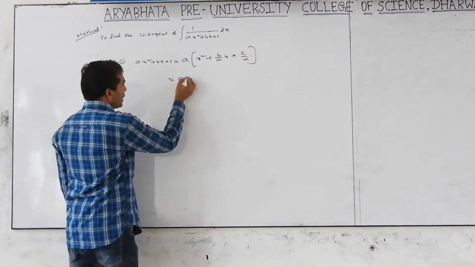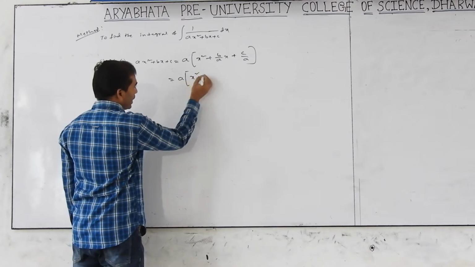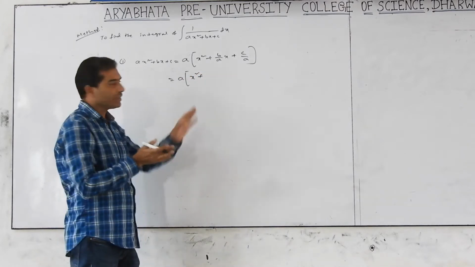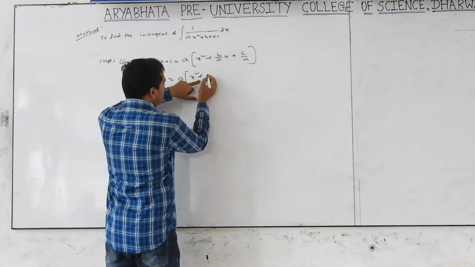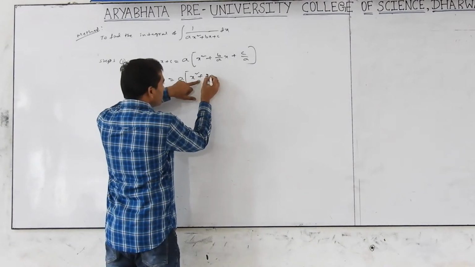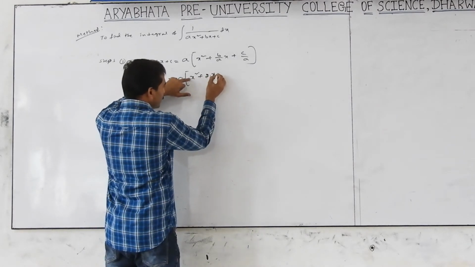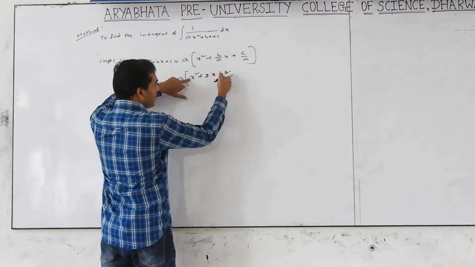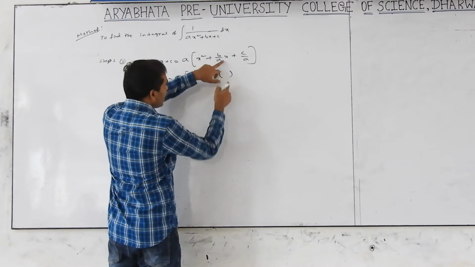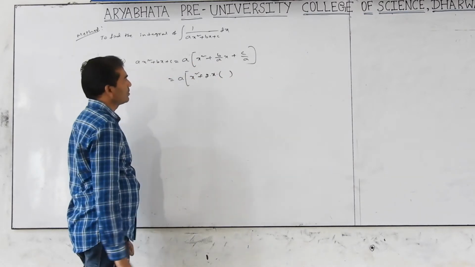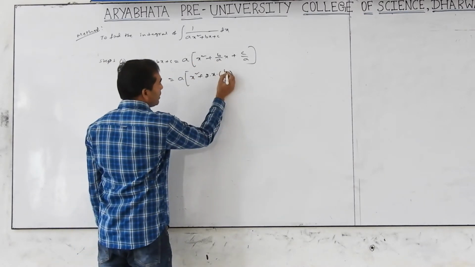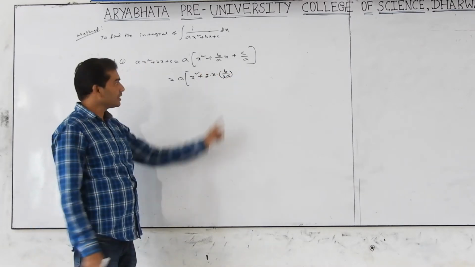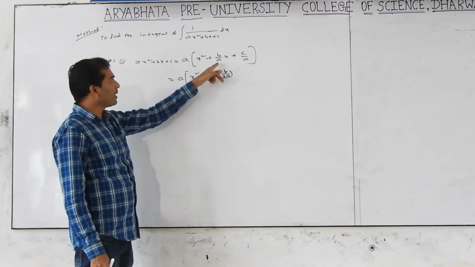Next, a into x square means we should write a in the whole square form: x square plus 2 into a into x into b by 2a, where the 2 gets cancelled and we get b by x.